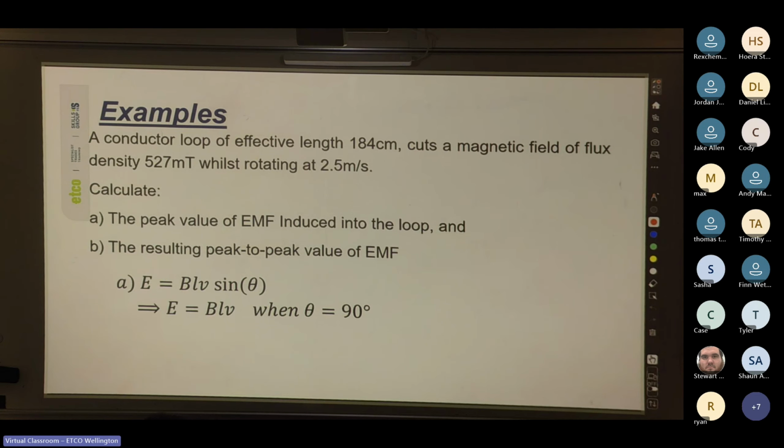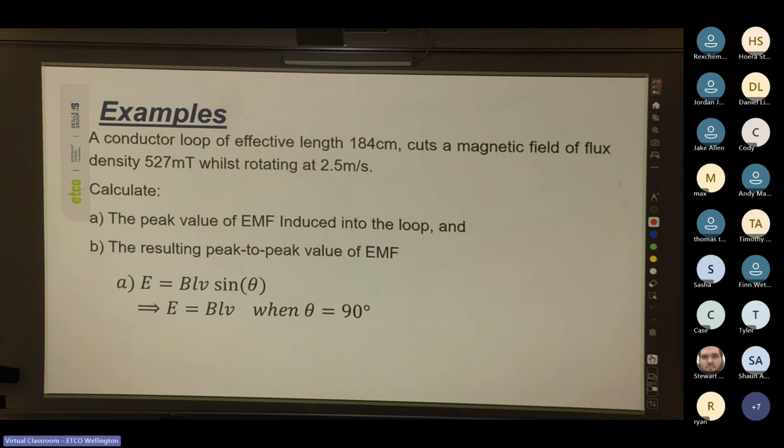Good question. We know it's at 90 degrees because they're asking us to calculate the peak value of EMF. If we're looking purely at the peak value of the loop, that's why we're at 90 degrees. And it's saying the effective length because that's the length we're actually worried about when it's passing through the magnetic field.